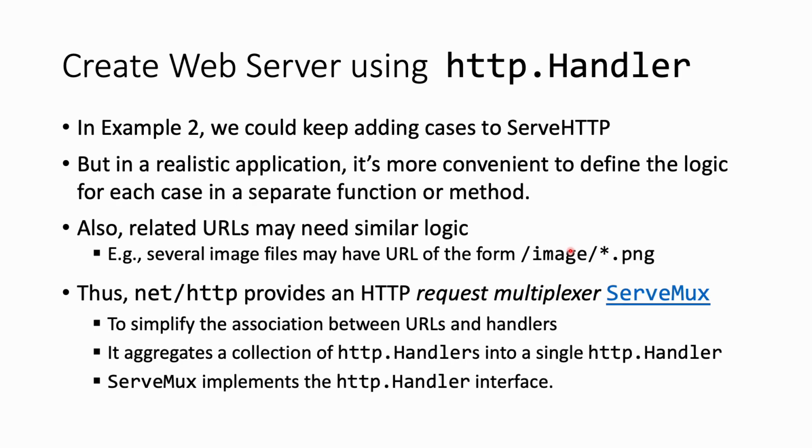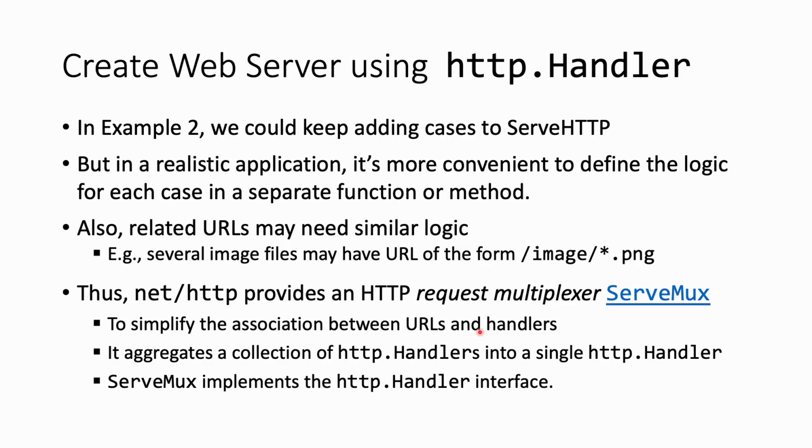Thus, package net/http provides an HTTP request multiplexer known as ServeMux to simplify the association between URLs and handlers. It matches the URL of each incoming request against the list of registered patterns and calls the handler for the pattern that most closely matches the URL.